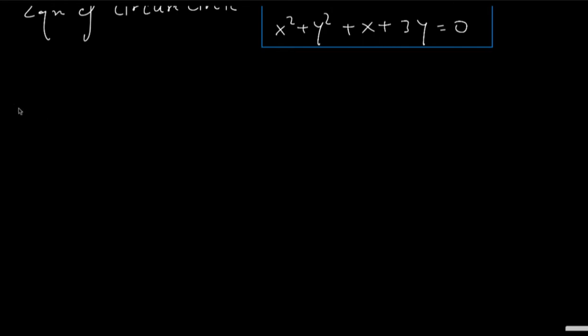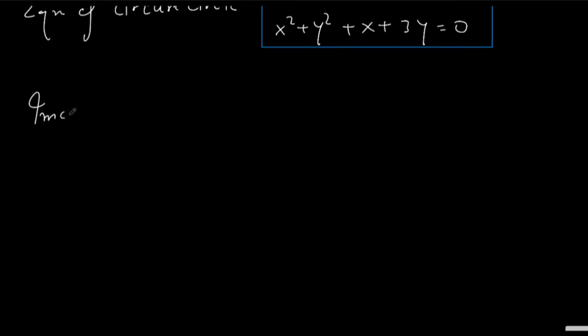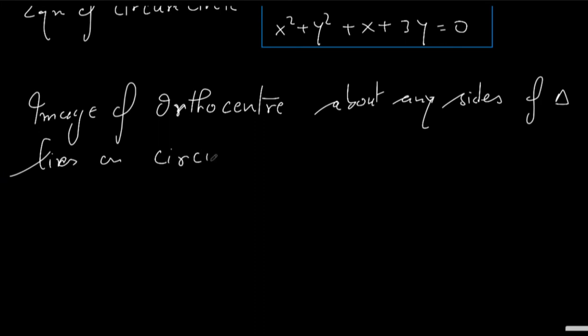That is, the image of the orthocenter about any side of the triangle lies on the circumcircle.